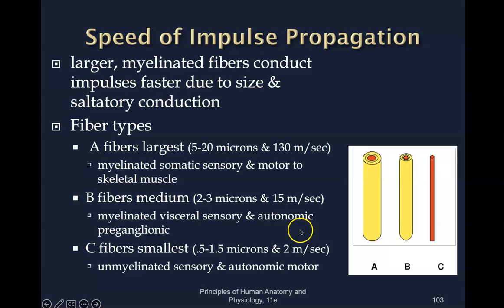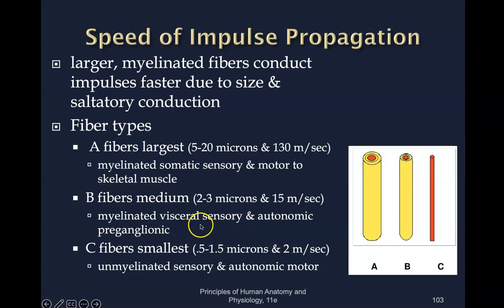Now, B fibers are going to be the medium size and also the medium paced fiber. You don't have to know the microns. You just have to know A is the largest in diameter, B is the medium in diameter. These are myelinated, and these are going to go to your visceral sensory.